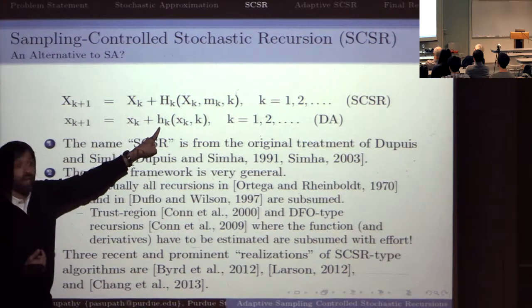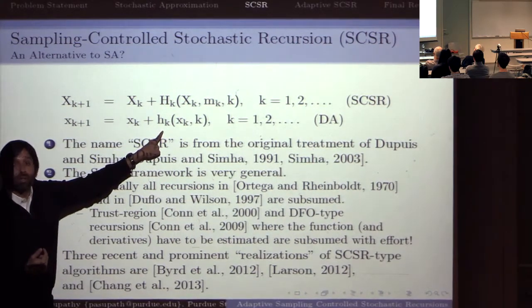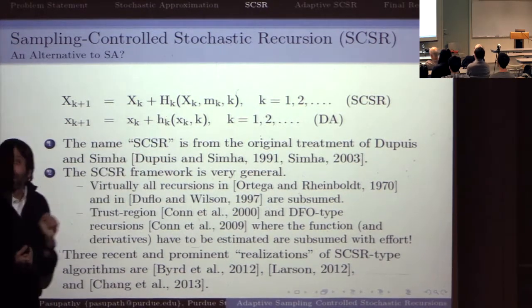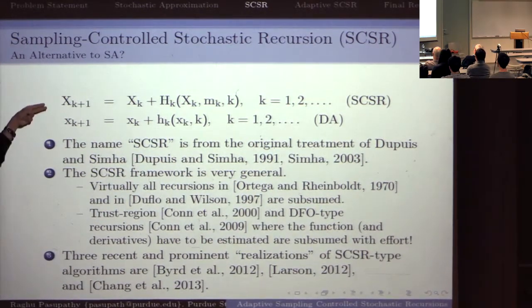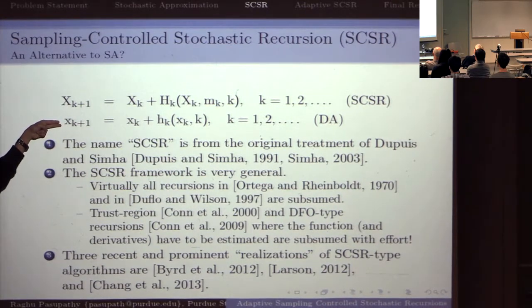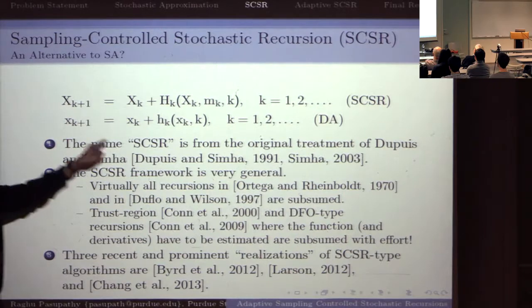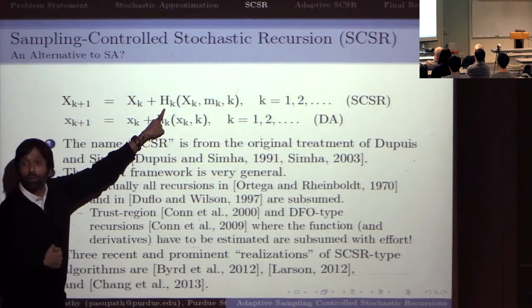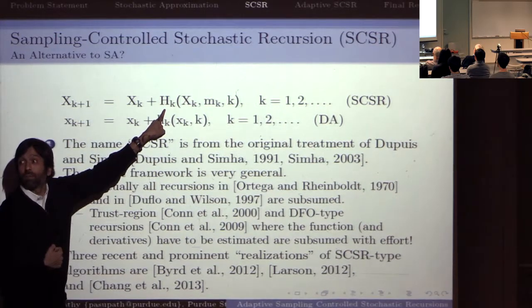Of course, we don't know little h_k, so why not think about estimating little h_k using your object, capital H_k. So what we are saying is, this is what I would have used if I were doing deterministic optimization or root finding. So I'm going to mimic this, and I'm going to use this recursion, but I'm going to take this object, mimic it, and replace it with its Monte Carlo counterpart. How will I construct it?